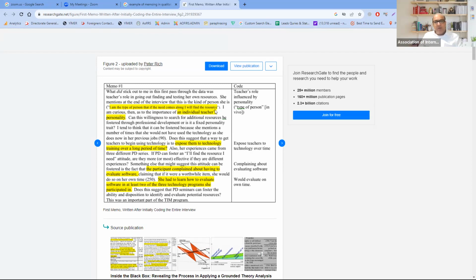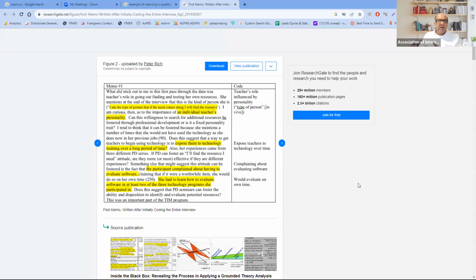When you get done with your research, you can't just make a mix of all of these, or maybe that's too extensive. And therefore, you may want to go further by adding more substance to the code by giving a weightage. For instance, if it is exposes teacher to technology over time, how many times that is mentioned, you can create another code.